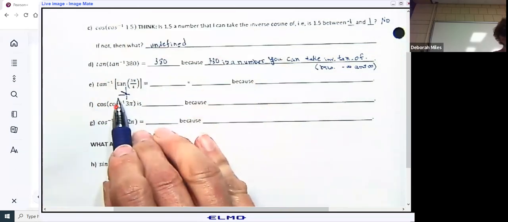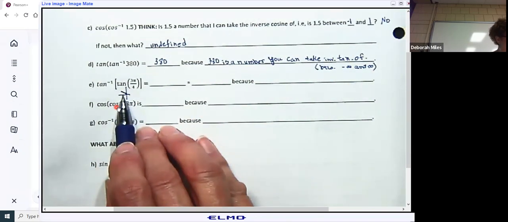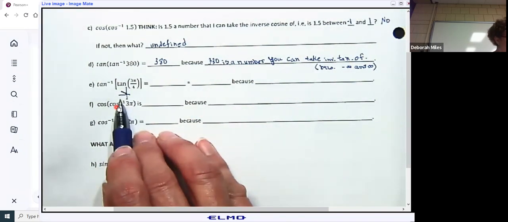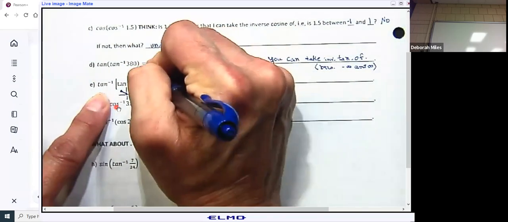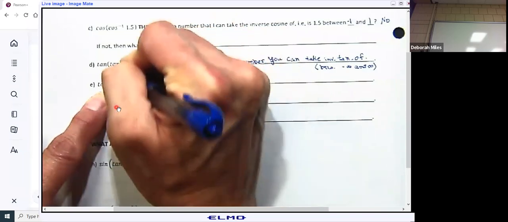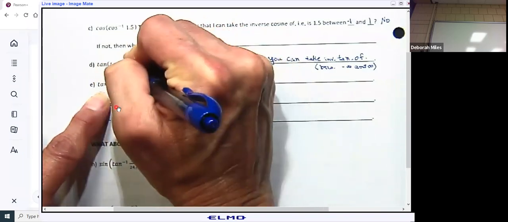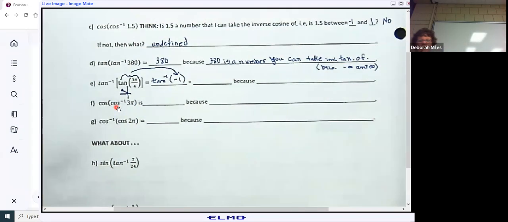And that would be a negative divided by a positive. Actually, y divided by x would be a positive divided by a negative. So right there, tangent is -1. So I'm just going to put -1 in the place of the whole tangent of 3/4 pi. I've worked the inner part of the function.